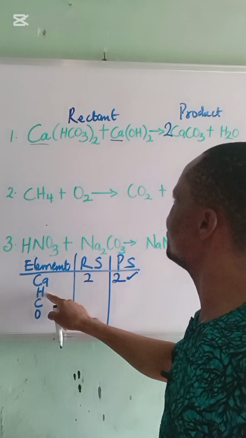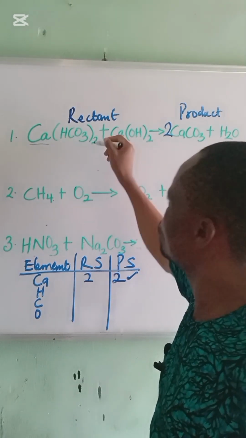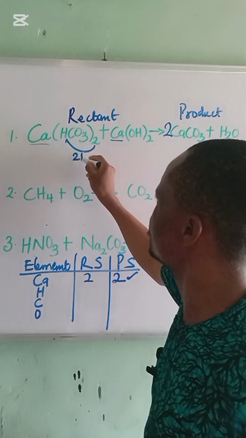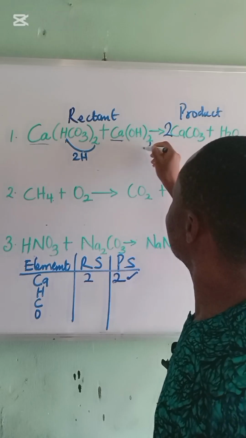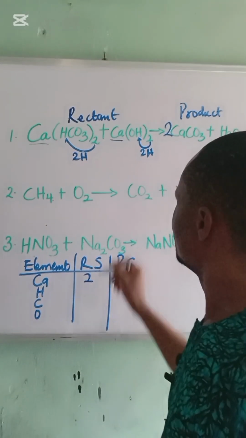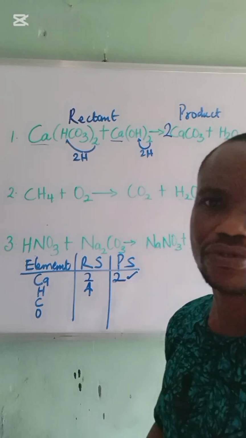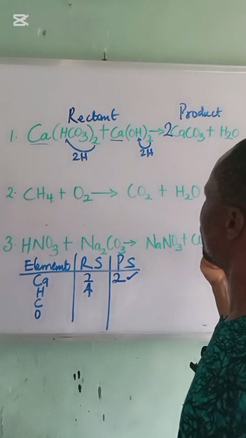So let's take the next element. The next element is hydrogen. Hydrogen is 2 here. Remember that this 2 is multiplying this, so it's 2 hydrogen. And here is another 2 hydrogen, right? So that means we have 4 hydrogen. So 2 plus 2 is 4 hydrogen.